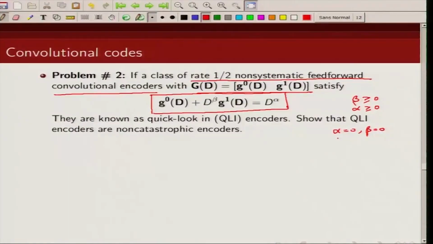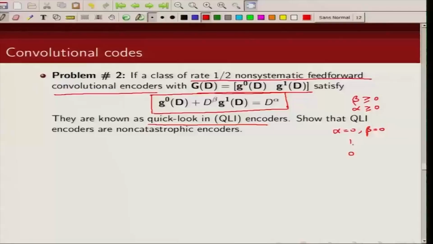So, these are known as quick look in encoders. Why are they called quick look in encoders? Because by quickly looking at this encoder, you can easily find the encoder inverse, and essentially the encoder inverse just consists of 2 taps. So, in some sense, for a systematic encoder, the inverse is of the form 1 and 0 for a rate 1 by 2 code, and here they are of the form 1 and D to the beta.